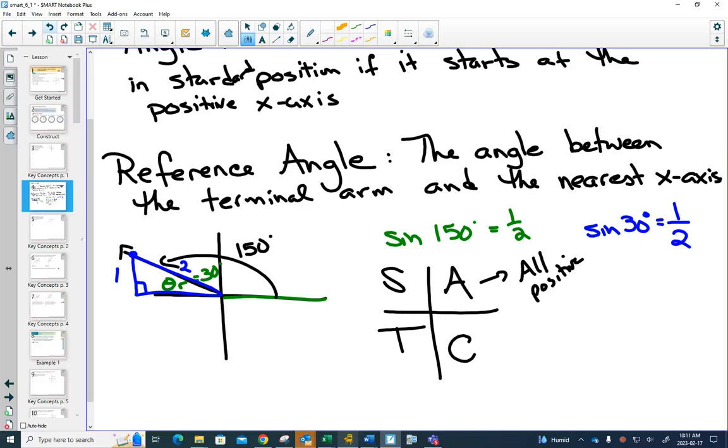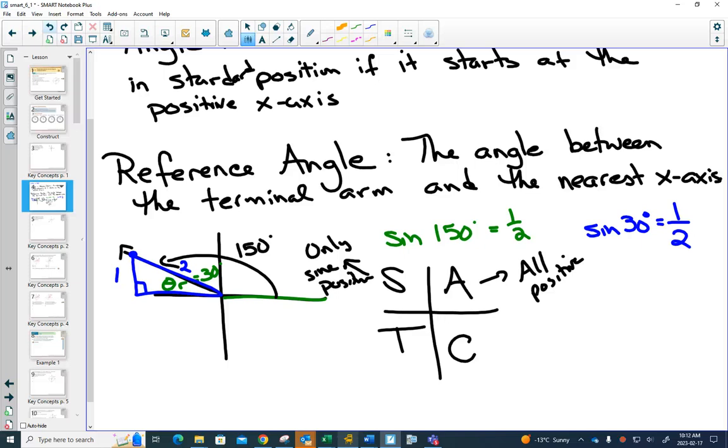But the S in quadrant 2 says only sine is positive. And if you type cos of 150 degrees into your calculator and push enter, your calculator will tell you negative 0.866. It will give you a negative value instead of a positive value. And same thing, T says only tangent is positive, and C says only cosine is positive.